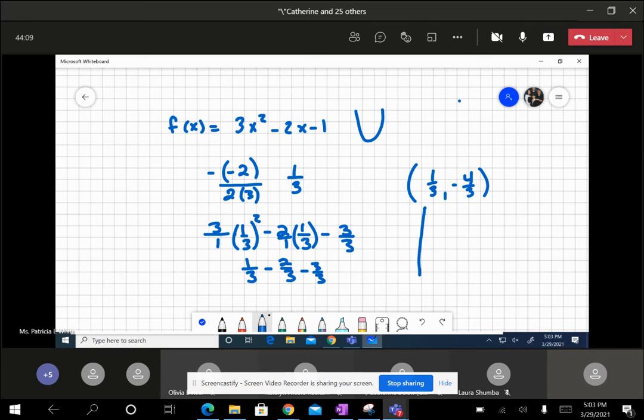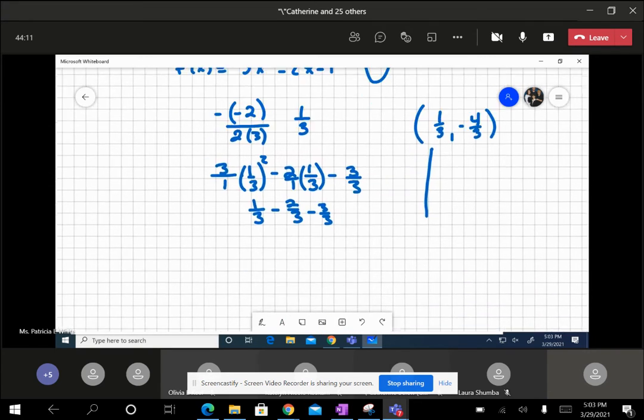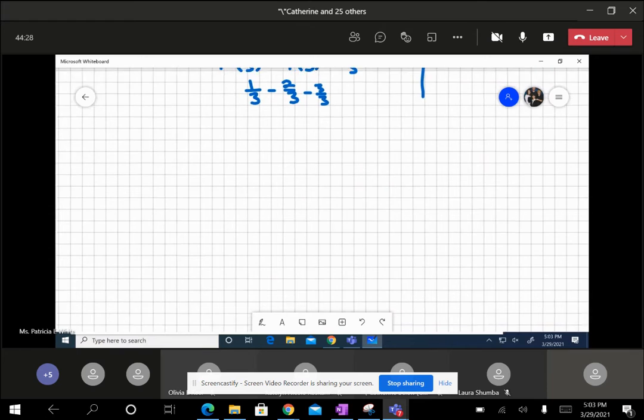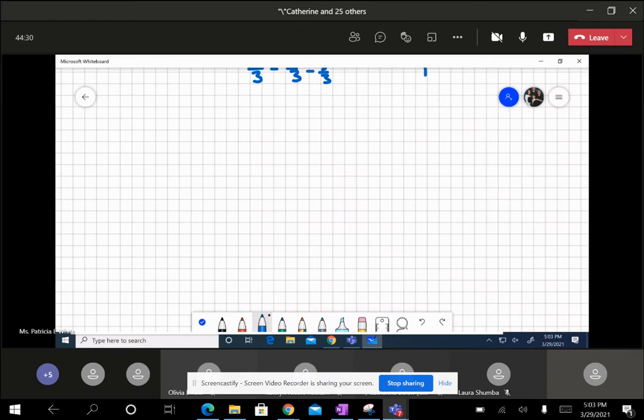Do I have anybody that wants to go over inequalities? You got to factor them, right? You're going to factor them and find out where you're above and below the x-axis. How do I know if I have a polynomial? How can I say yes or no? What am I looking for?